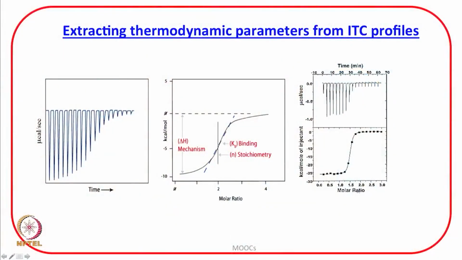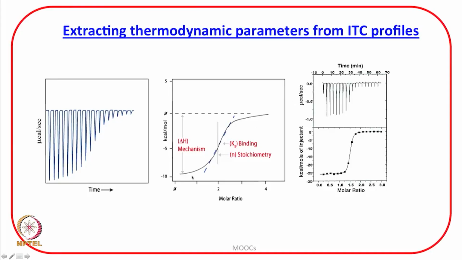Now, let us go back to the slide and look at this figure. The dark dots are experimental data points and the solid line is a best fit to the experimental data points. Now, as I just said that different binding site models are available, and let us assume that one binding site model has fitted nicely to the experimental data points.